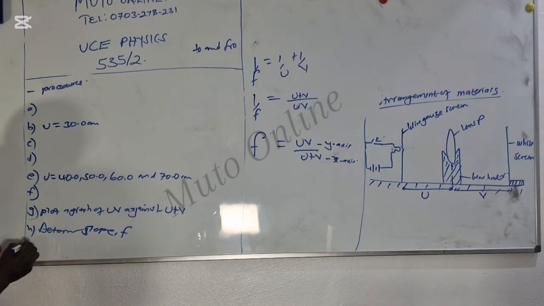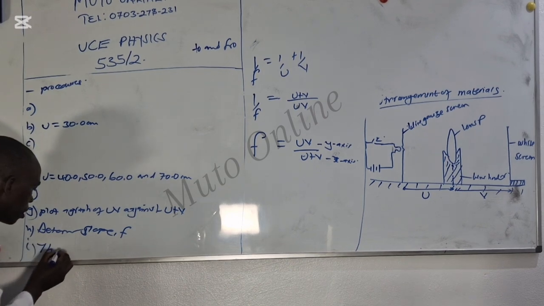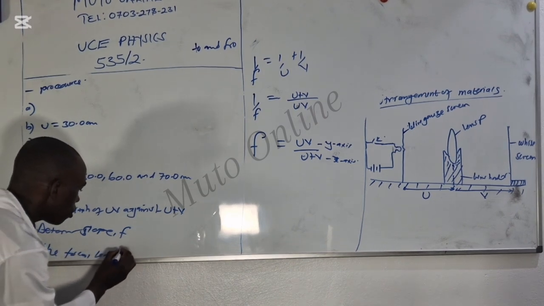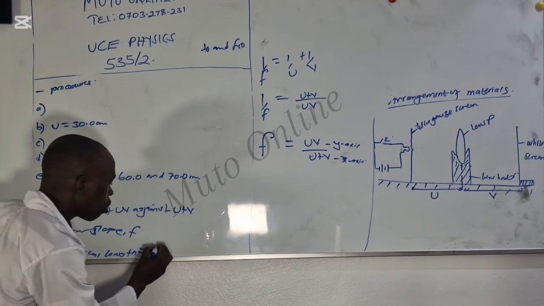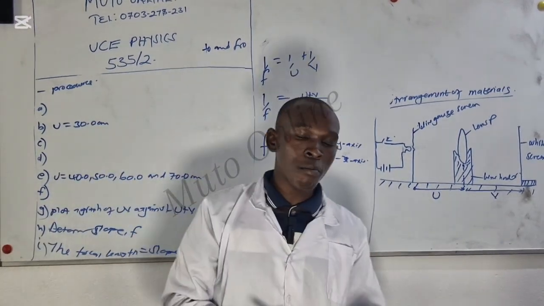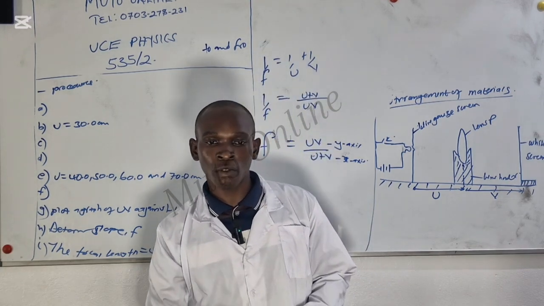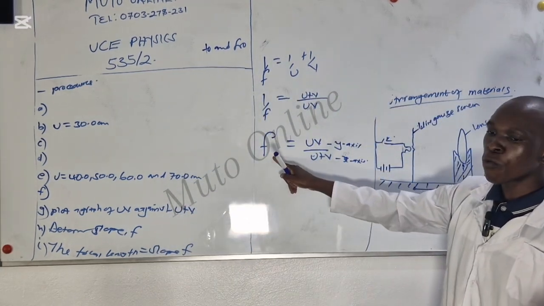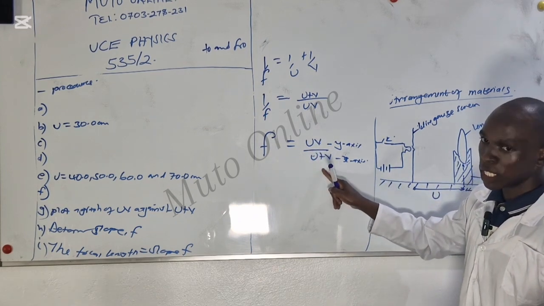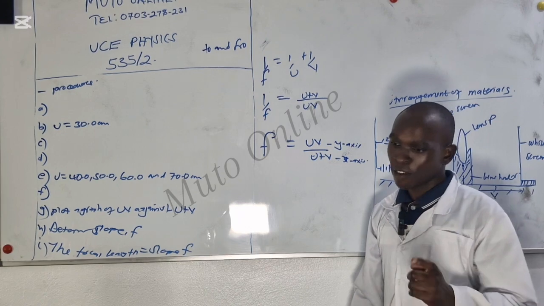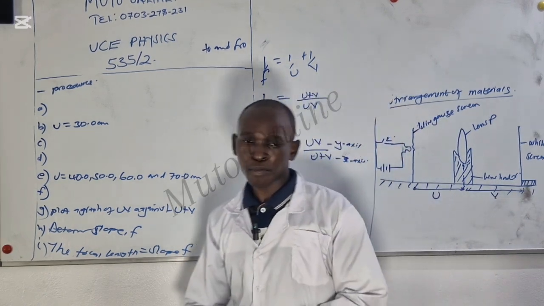Then finally, we say the focal length of the lens is equal to slope F. So when you get the slope of the graph, it will be equivalent to the focal length of the lens because F was equal to uv over u plus v. So when we plot this against that, the slope will give us the focal length.